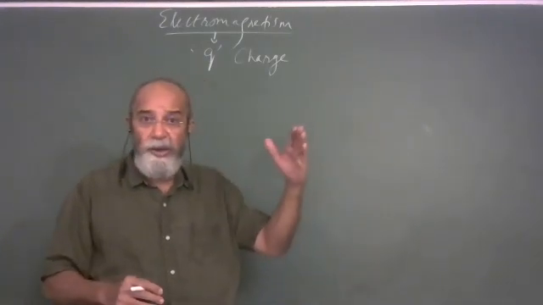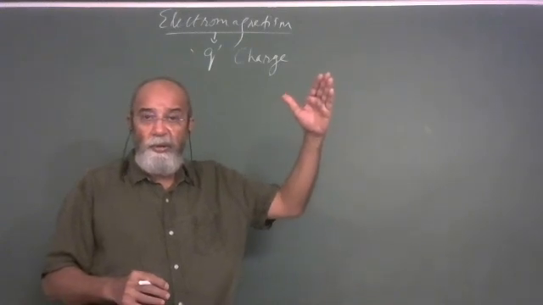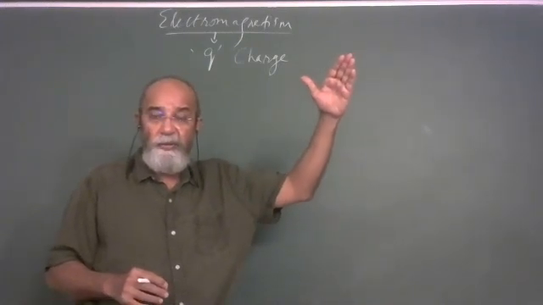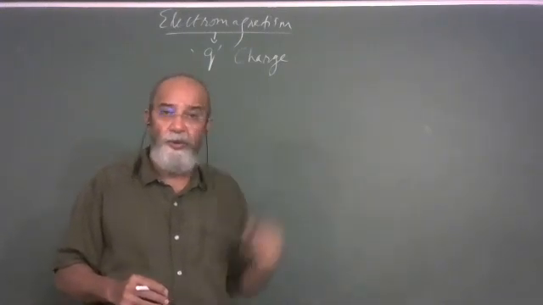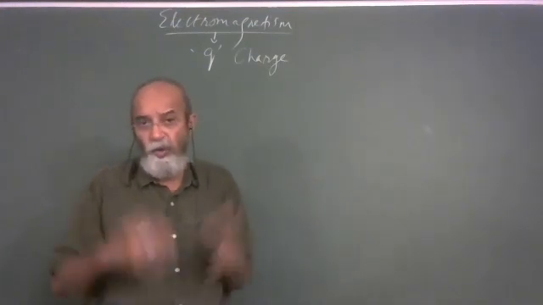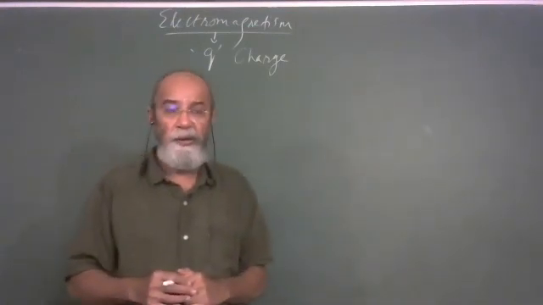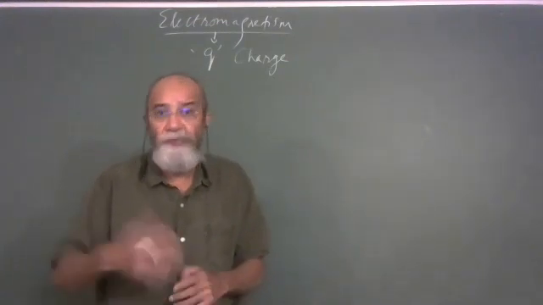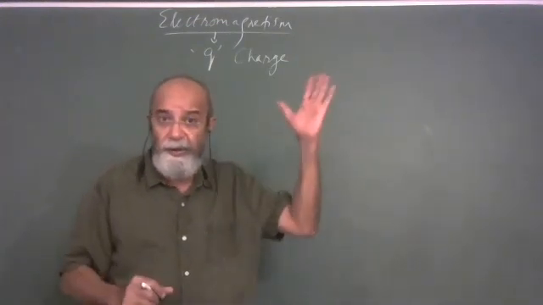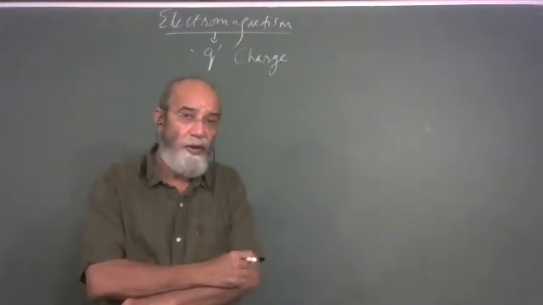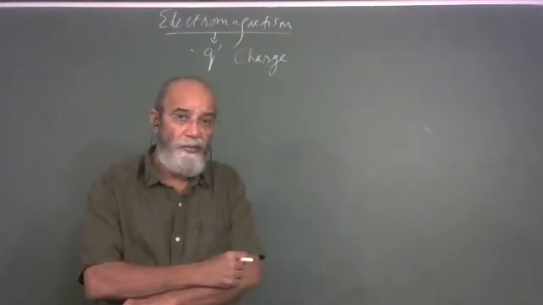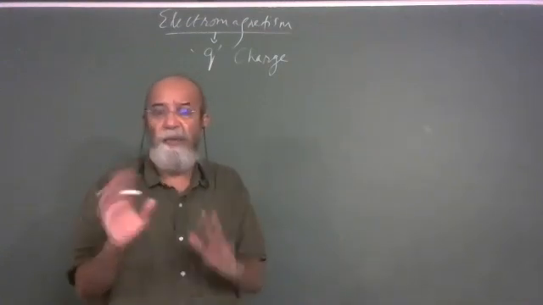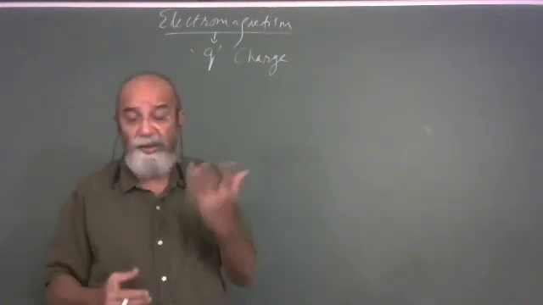But light was being dealt with from the time of Newton. Newton spoke about light, 17th century. And we are in 19th century. He said light probably is a stream of particles according to Newton.